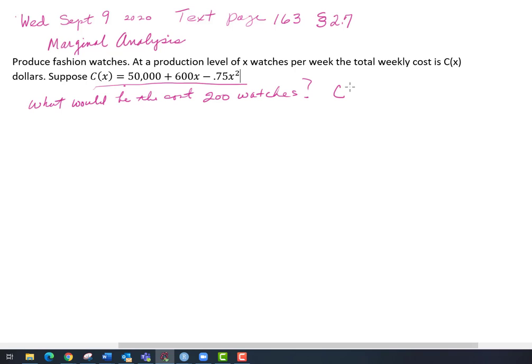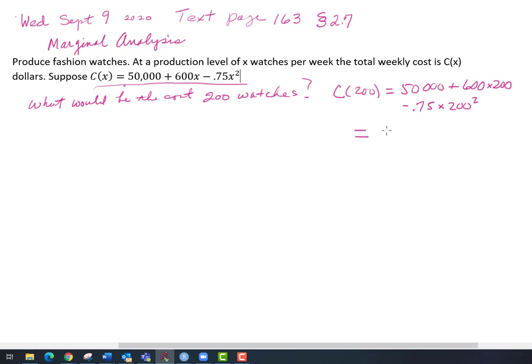Well, the cost would be C of 200, which would be equal to 50,000 plus 600 times 200 minus 0.75 times 200 squared.